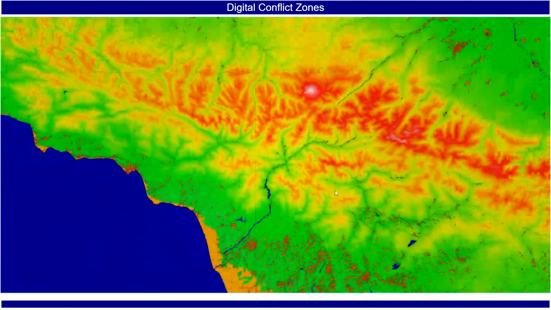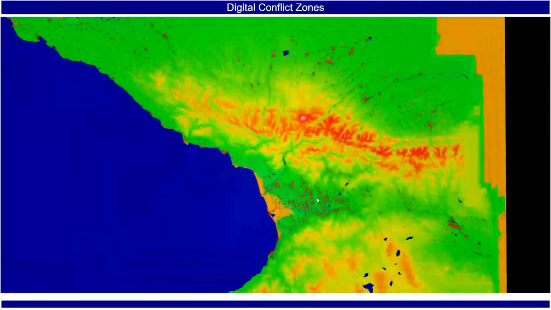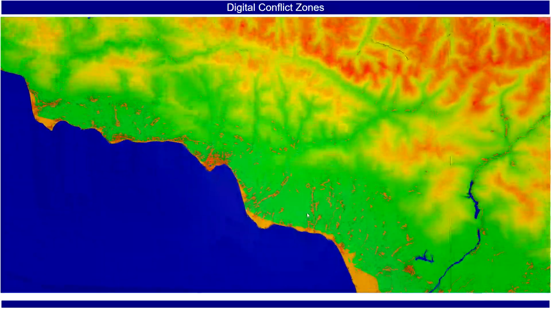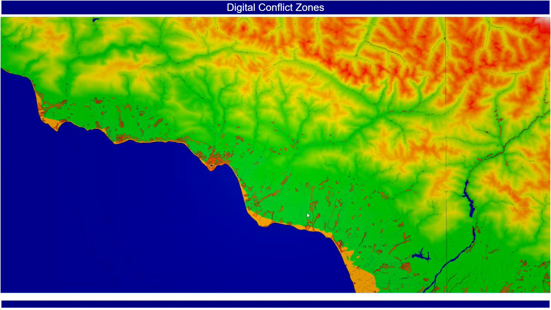So you get an idea where you are on the Caucasus map as you navigate over the map board of this game.